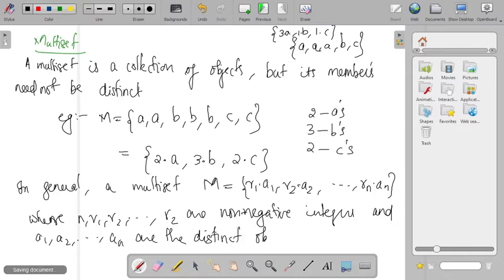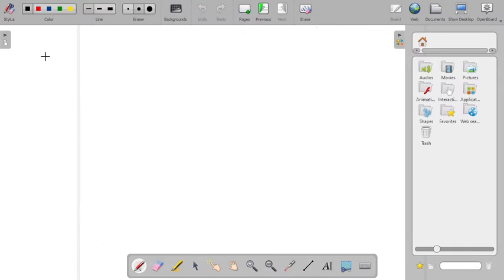So the set basically consists of the object A1 R1 times, and A2 is contained R2 times, and An is contained Rn times. And the numbers Ri, they are in general called the repetition number. So the number Ri is called a repetition number of a multi-set.